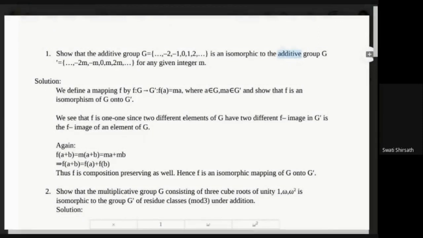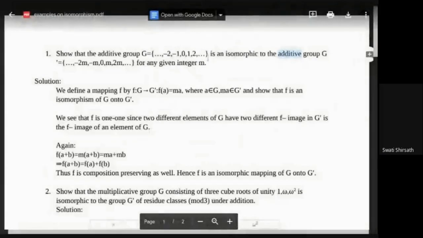In the function where f of a plus b is equal to f of a into f of b, the domain has operation addition and the codomain has operation multiplication. That is why on the right hand side there is multiplication and on the left hand side there is addition. But here both have the same operation, addition, so on the left hand side and right hand side we'll have plus. Yes, okay, ma'am.